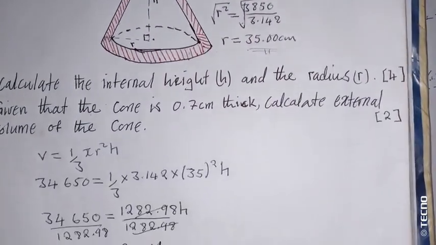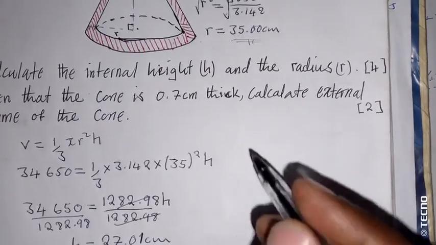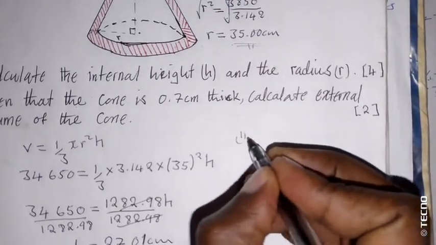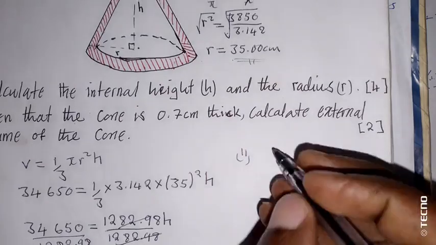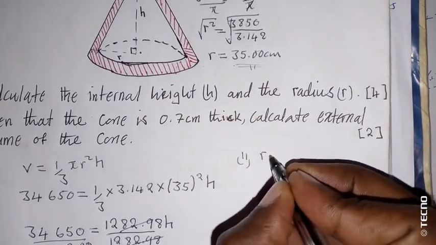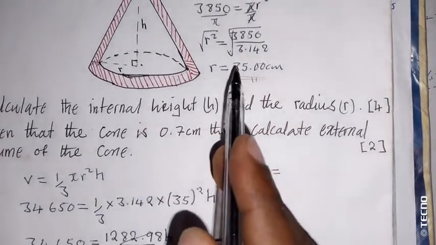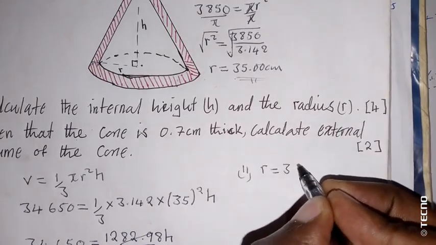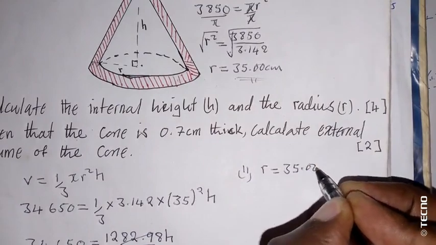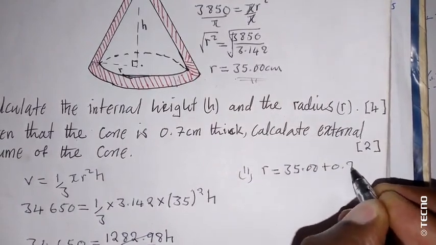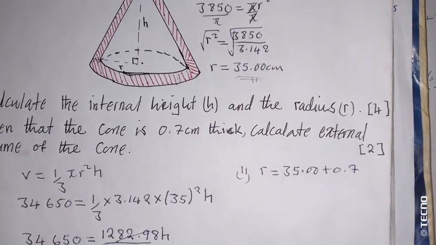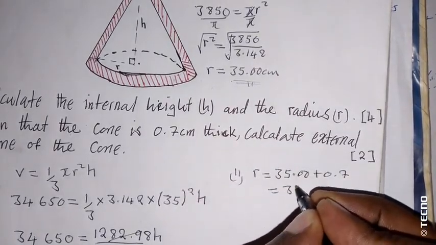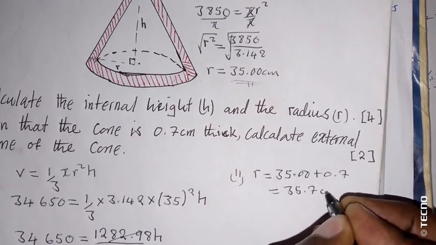Now writing the new dimensions. For the radius, we know that our radius is 35, so it will be 35.00 plus 0.7. This is our new dimension, which will be 35.7 centimeter.